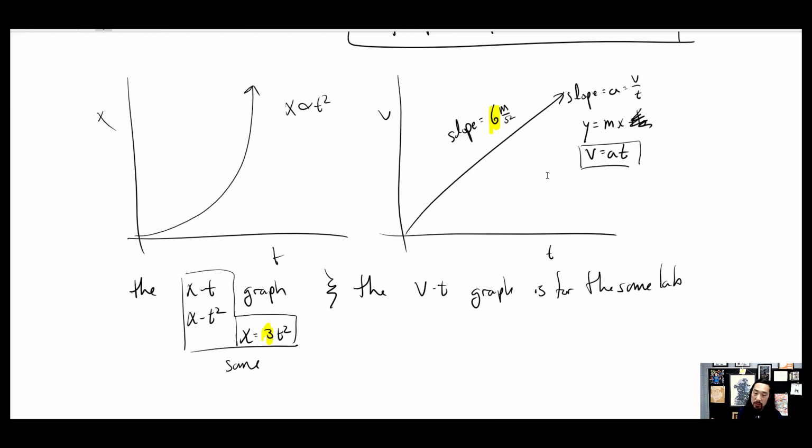And the mathematical relationship is actually quite simple. We call this 3 the k, so we will say that k, aka the 3, is equal to 1/2 of a. If you're wondering where we are getting these letters, remember we call this 3 the constant, and we call that constant the k value, and the slope is the acceleration, which we just defined as a. So our k value is equal to 1/2 of the a value.